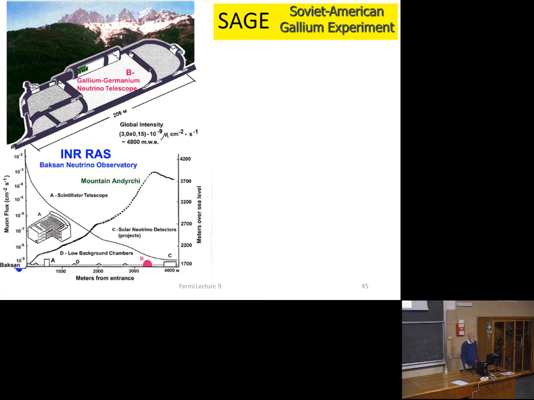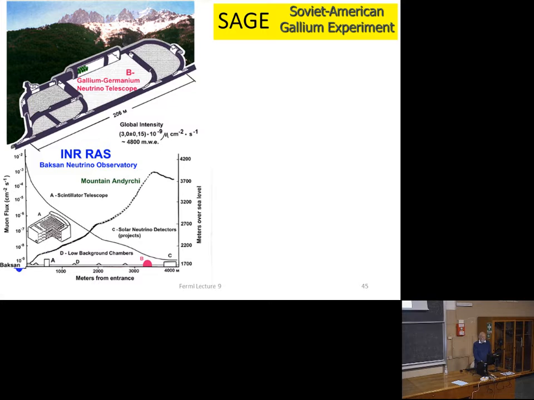So the first experiment that was done that I'll talk about that saw neutrinos from the sun, which verifies that the reaction that's happening is the fusion reaction, was an experiment done in the Baksan laboratory in Soviet Armenia near Mount Elbrus.